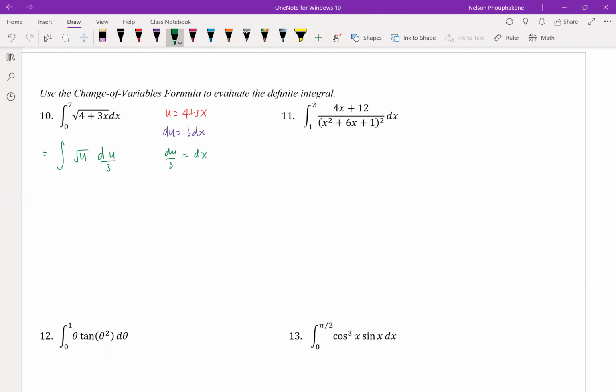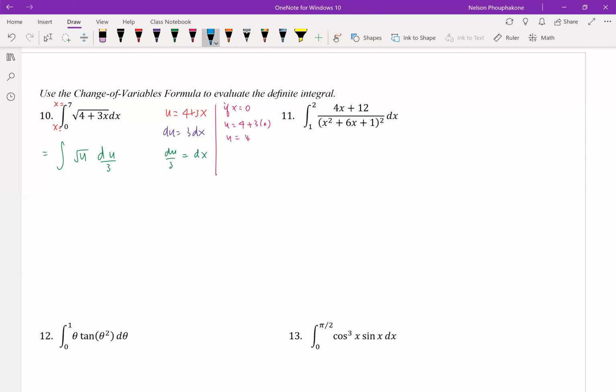But there's one thing. Remember, my limits are x equal to 0 to x equal to 7. Right now, we change to u, so we also need to change my upper limit and lower limit as well. How do we do this? If x equal to 0, then u will be 4 plus 3 times 0, so u is equal to 4.